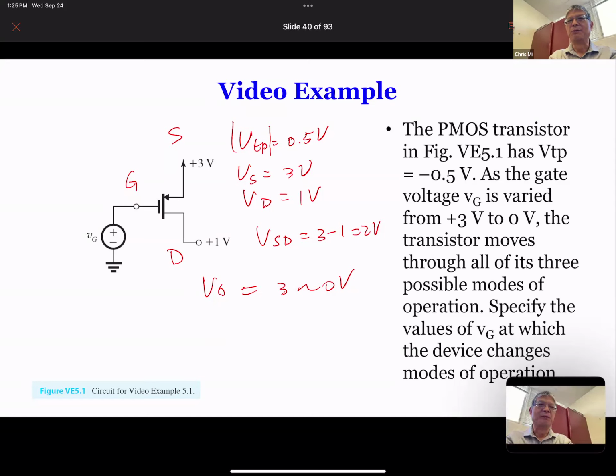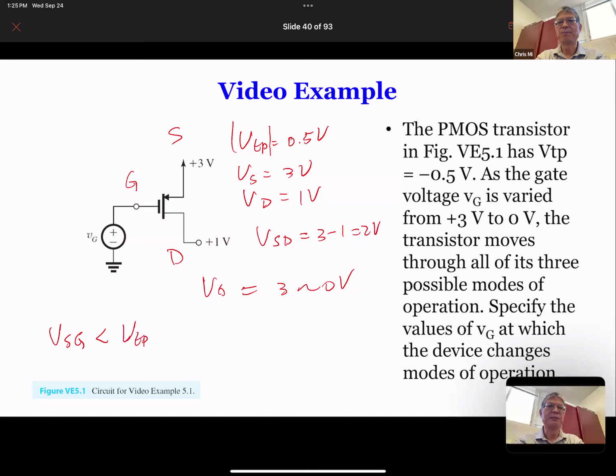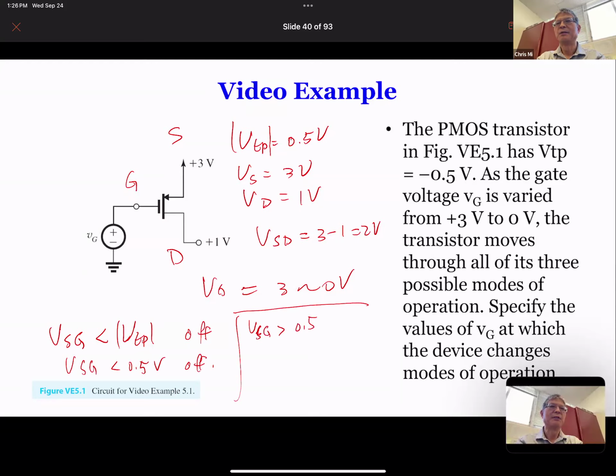So what we can conclude very simply is that if VSG is less than VTP, it's going to be off, which means if VSG is less than 0.5 volts, it's going to be off, right? But if VSG is larger than 0.5, whether it's going to be triode or whether it's going to be in saturation mode.